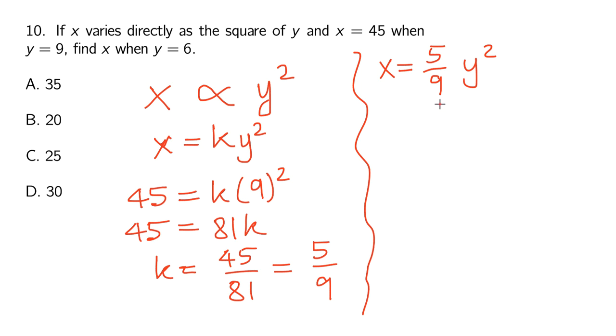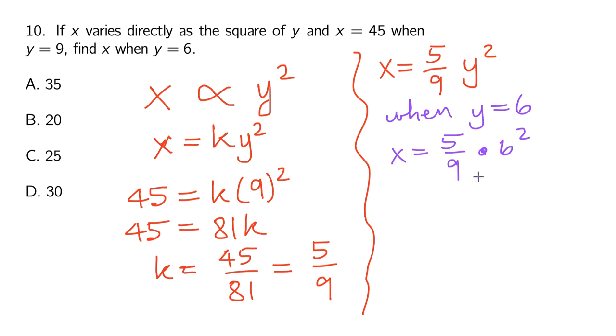So now we are supposed to find x when y equals 6. So let me change pens. We write when y equals 6, what do we have? We have x equals 5 over 9 times 6 squared.